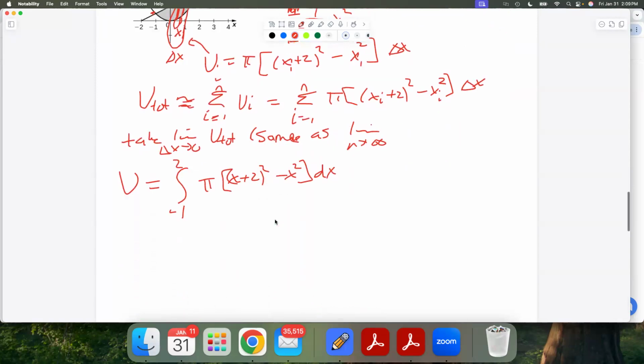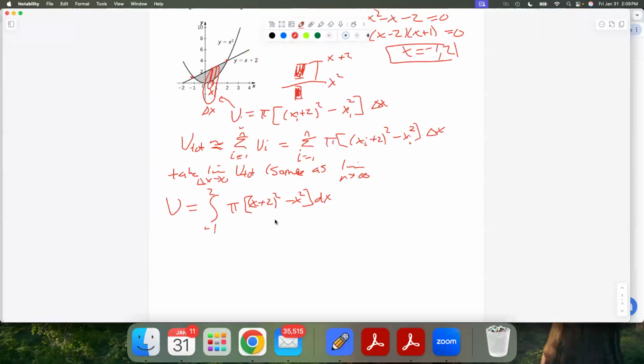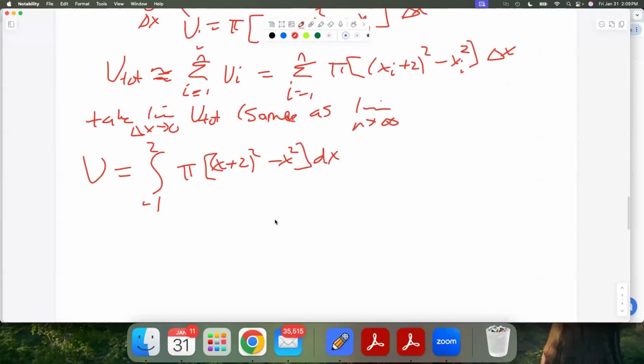And now I think we've got space here. Yeah, we could probably finish this up. Okay, so I could bring the pi out front. The definite integral from negative 1 to 2 of x plus 2 squared. I don't need that parenthesis because I'm going to distribute everything. X plus 2 squared is x squared plus 4x plus 4.